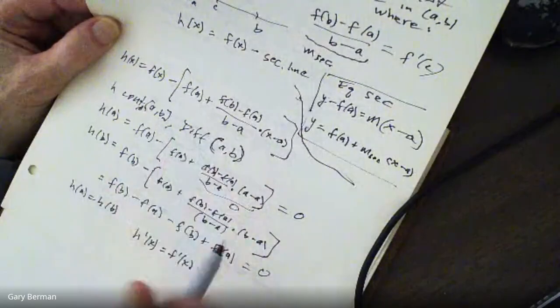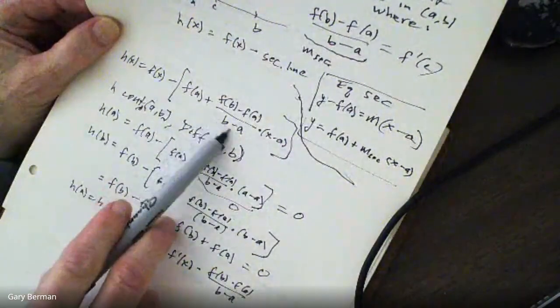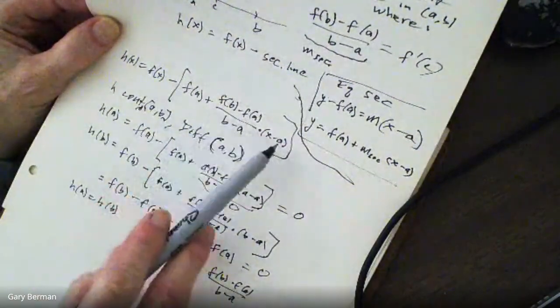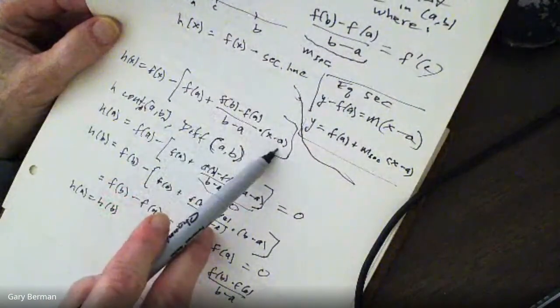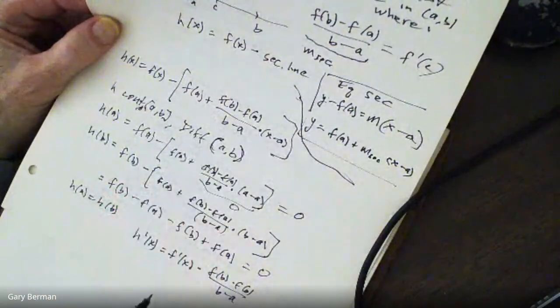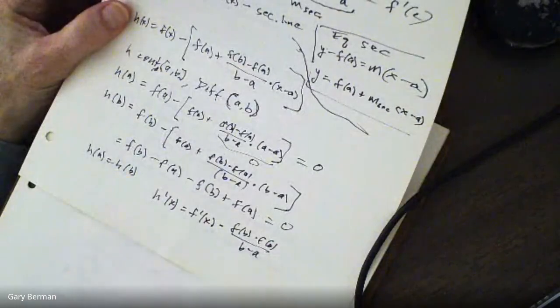When I take the derivative of that, I just get the number, f of b minus f of a over b minus a. And when I distribute this over a, I get a number times a number minus a number times a number. The derivative of that is 0. So this is what h prime of x is.